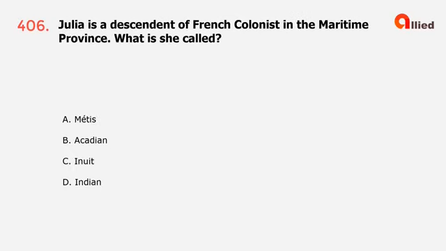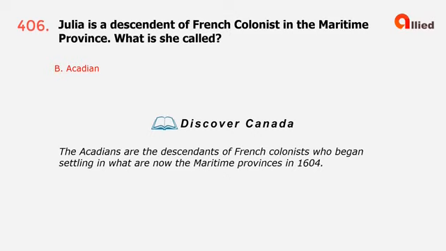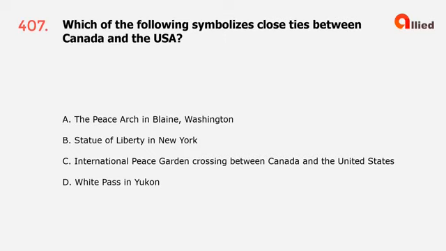Question 406. Julia is a descendant of French colonists in the Maritime provinces. What is she called? A. Métis. B. Acadian. C. Inuit. D. Indian. The answer is B. Acadian. Question 407.